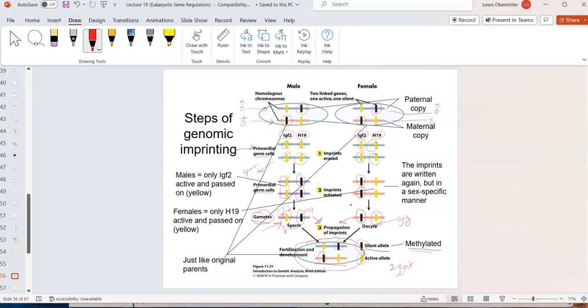H19 is off in dad. So this is this. And then this is this chromosome. So dad's H19 is off. This is H19. And IGF2 is off in mom. So that's what we say. That's what we mean when we say genomic imprinting.